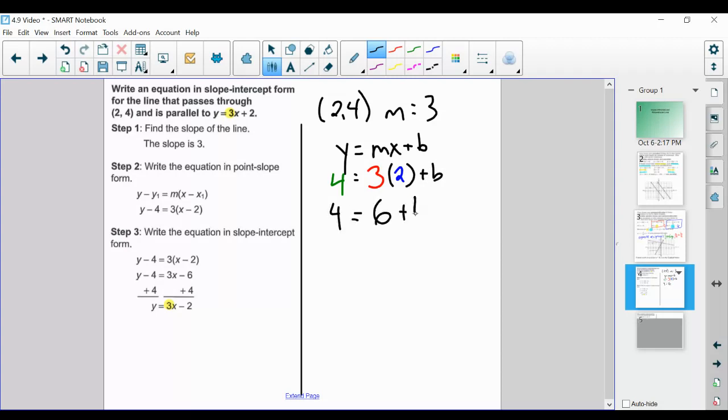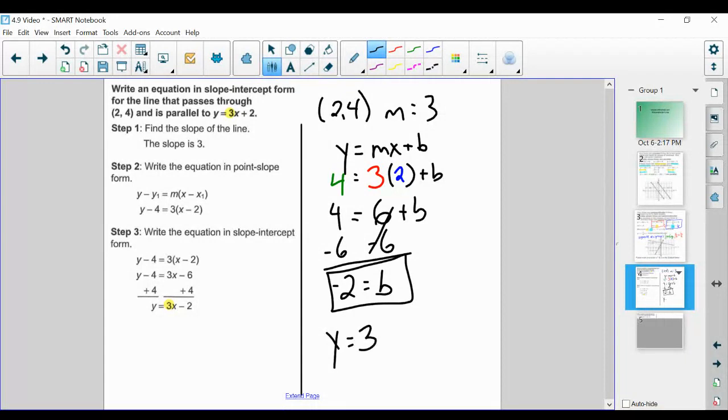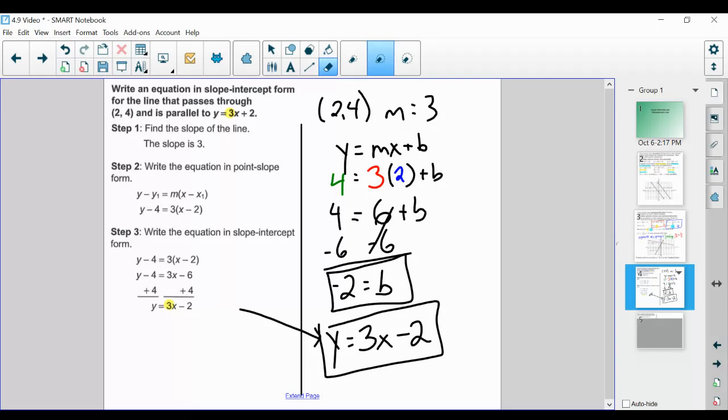When we simplify this, we're solving for b, and we get that b is equal to negative 2. Therefore, when we piece it all together, we get y is equal to 3x minus 2. And again, it's the same thing as we have over on the left-hand side. What is that arrowhead? Wow, that was poorly drawn. There we go. So we still get the exact same equation.